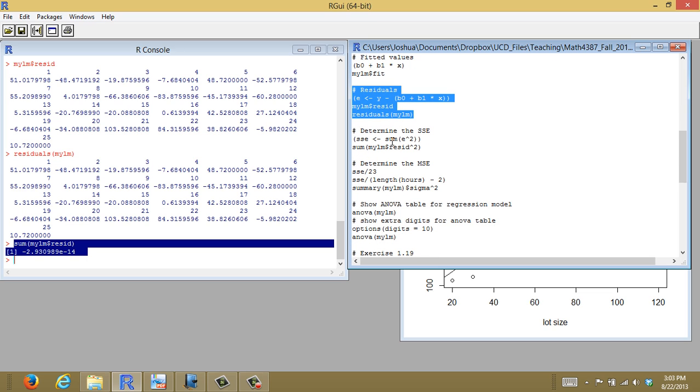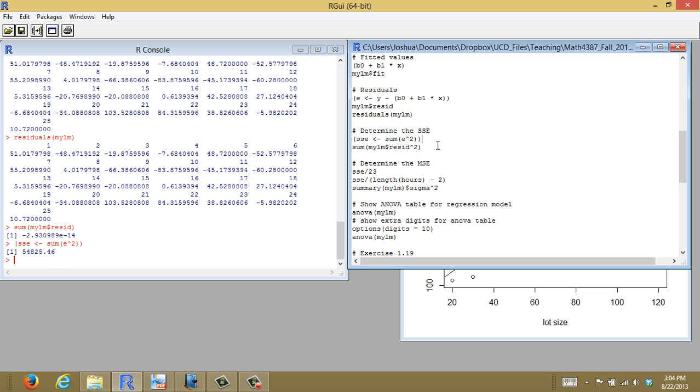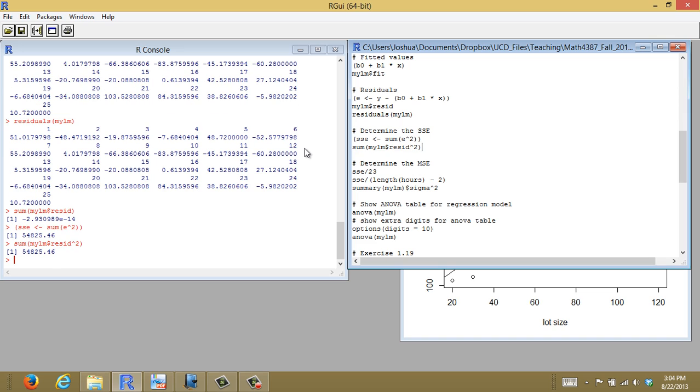In order to calculate the error sum of squares, we can take the residuals, square them, and then add them together, which I show both here and right here. Unfortunately, there's no straightforward way to get the error sum of squares. It takes a few steps. So that's the error sum of squares right there. If you want to determine the MSE, I can take my error sum of squares and divide by the degrees of freedom.